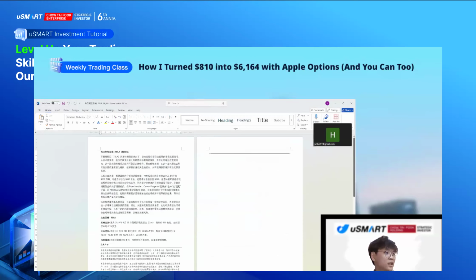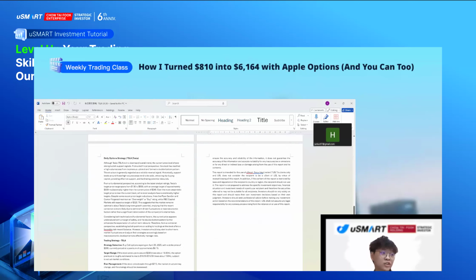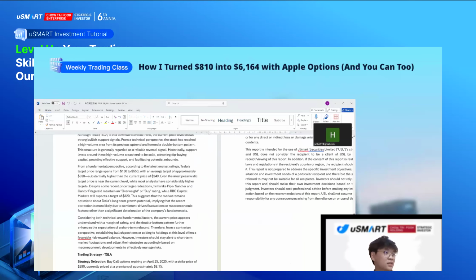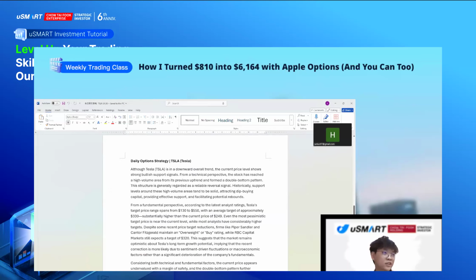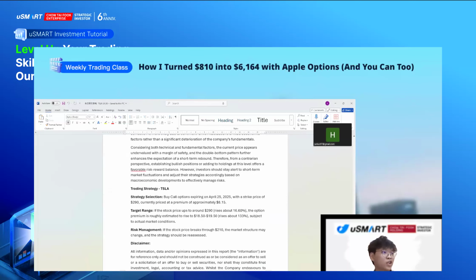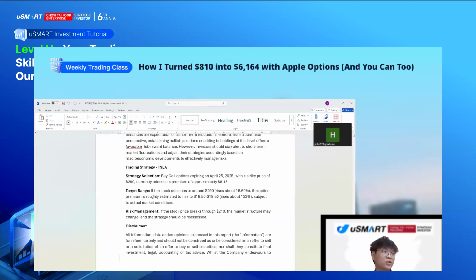Yesterday I was calling for this with a strike price of 290. Let's switch to English since this is an English section. So the above is the theory from my perspective. And you can check on the bottom, this is the real execution.